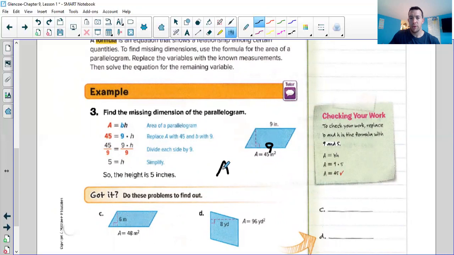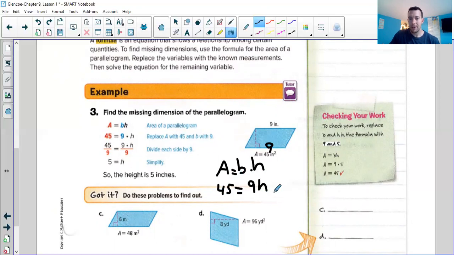This is why we always start with our formula. Area equals base times height. I do know the area, so I just plug in what I know. I know 45 equals, I know my base, I don't know my height. So 45 equals 9h, 9 times h.